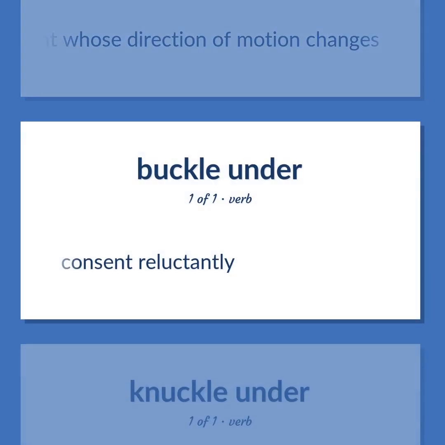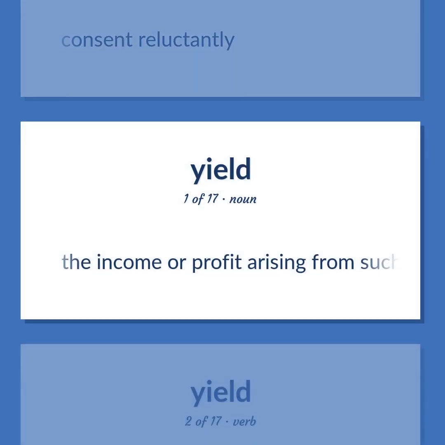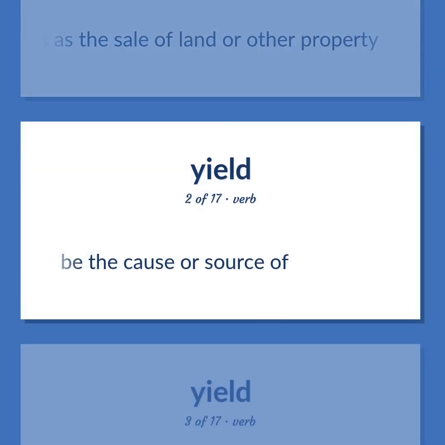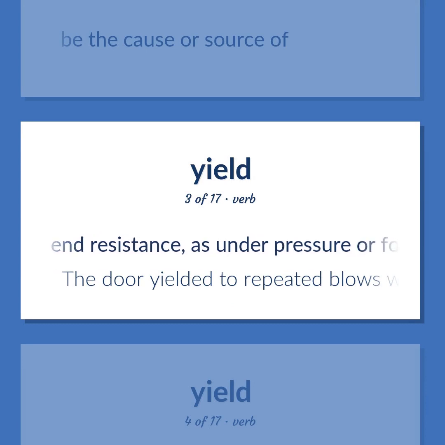Consent reluctantly. The income or profit arising from such transactions as the sale of land or other property. Be the cause or source of. End resistance, as under pressure or force.